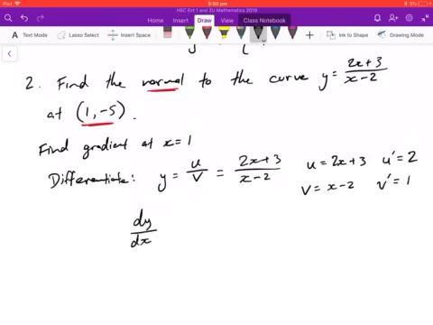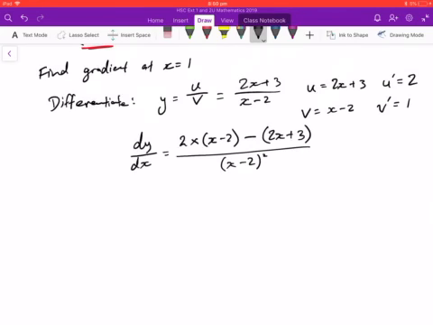So dy dx is equal to u dash times v, 2 times x minus 2, minus u v dash. v dash is 1, so I don't need to write it. Take care with the negative, I'm going to keep it in brackets, over v squared.